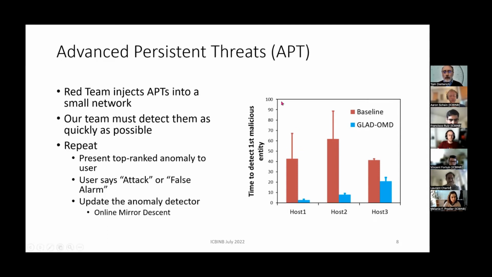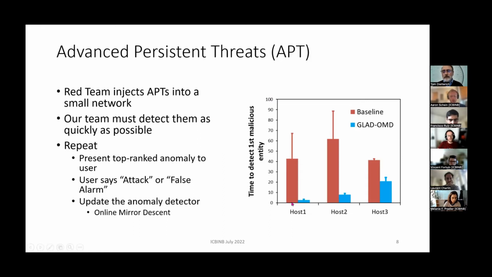What I'm showing here is the number of false alarms we needed to present to the analyst before we successfully found the first of these cyber attacks. The reddish bars are if you just fit the anomaly detector to the data and then use it, and the blue bars are if we incorporate feedback from the analyst.